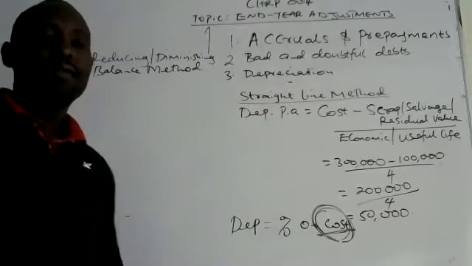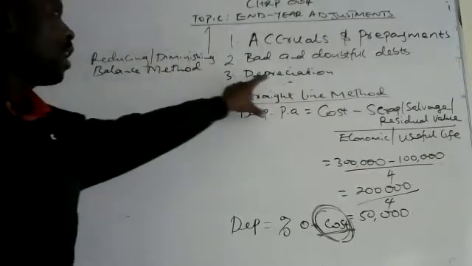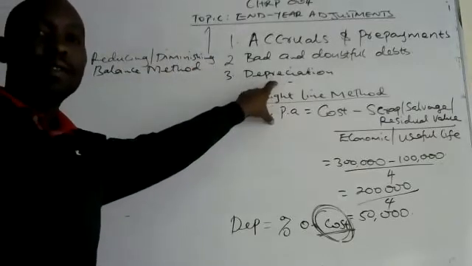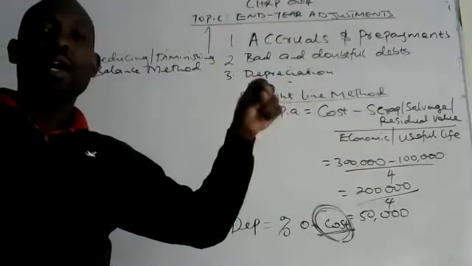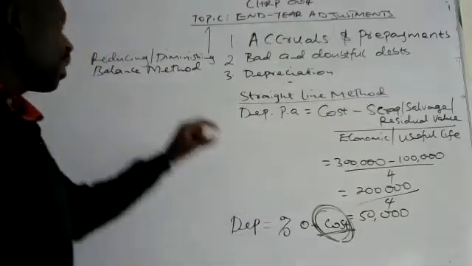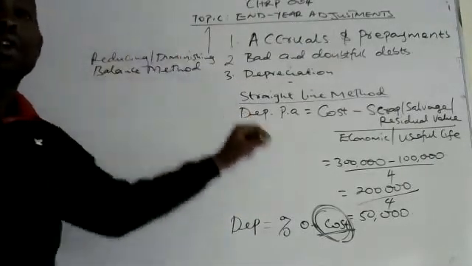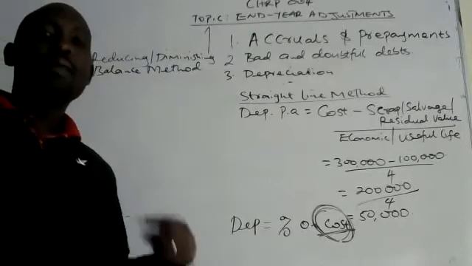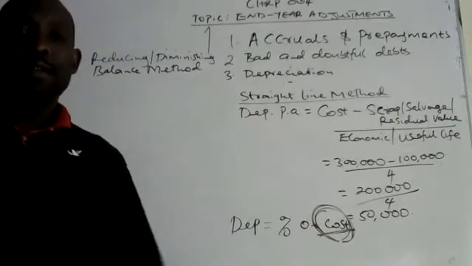One factor that differentiates the straight line and the reducing balance is that under the straight line basis, depreciation per year is normally uniform and constant. But under the reducing balance method, just as the word itself suggests, the depreciation per annum goes on reducing from one year to the next.